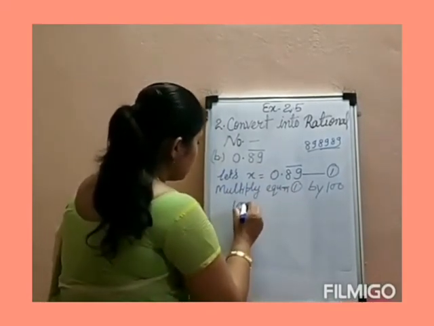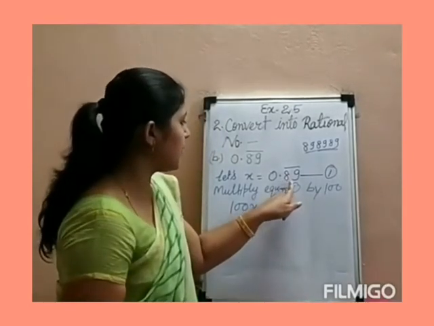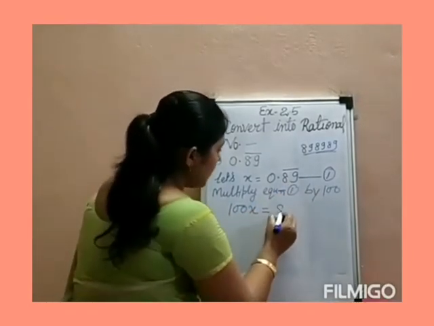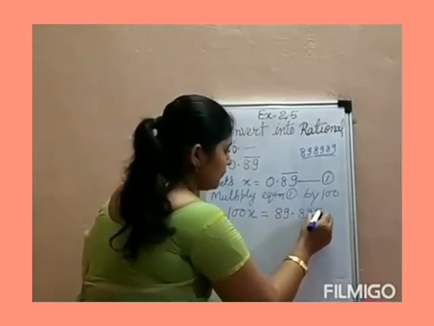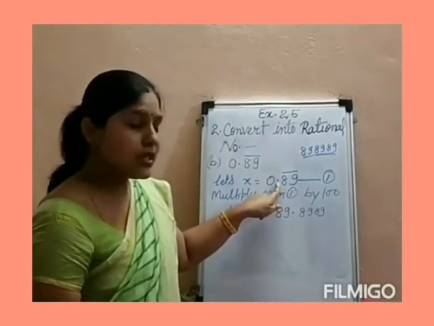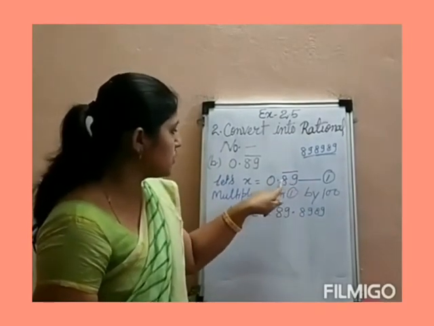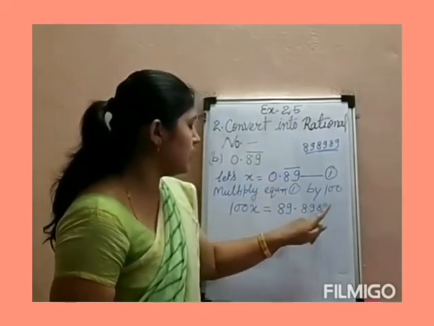So 100x is equals to, when we multiply it by 100, it will be 89.8989. Because there are 2 zeros here, we will put the decimal after 2 digits. So this decimal will be here. It will be 89.8989.